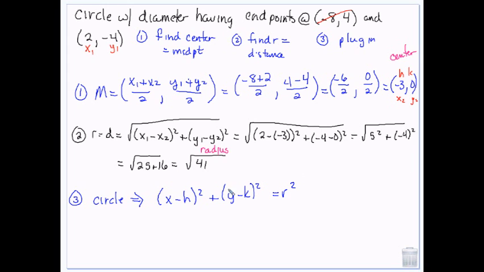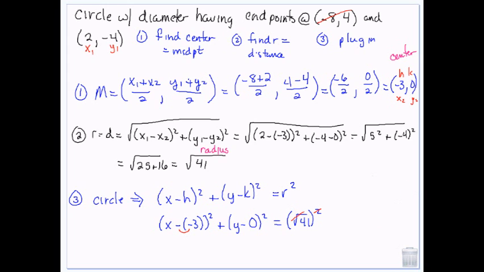Okay. So x minus h is negative 3. Y minus k, which is 0, and that equals the square root of 41 squared. The square and the square root will cancel each other out.